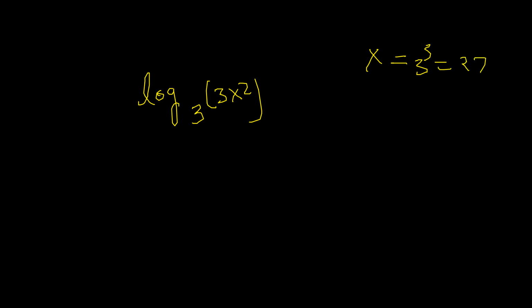Now as per question, we have to find log 3x square base 3. We will put value of x square because we have x equal to 3 to power 3 or 27.